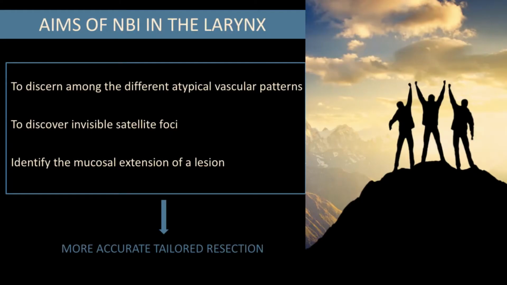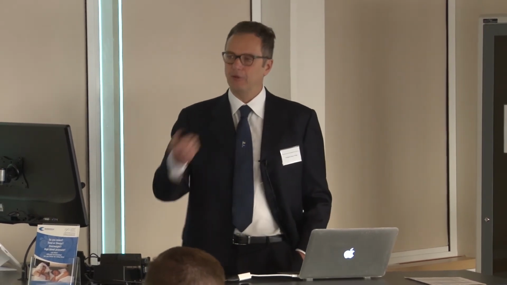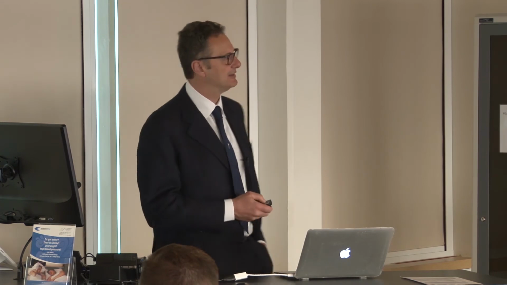So again, with the NBI, you can discern among different atypical vascular patterns, because as you've seen before, we have abnormality in the direction of the vessel and abnormality in the morphology of the vessel.